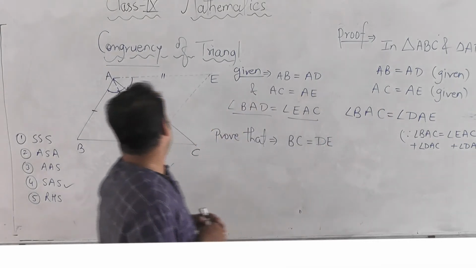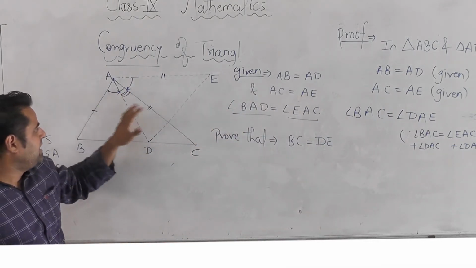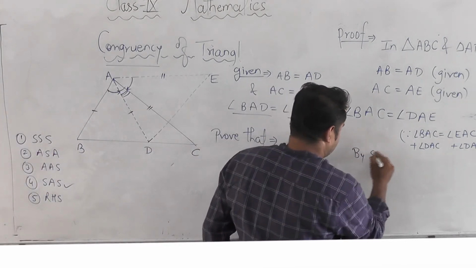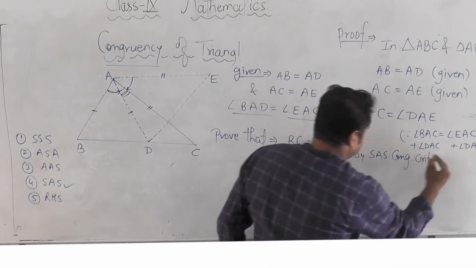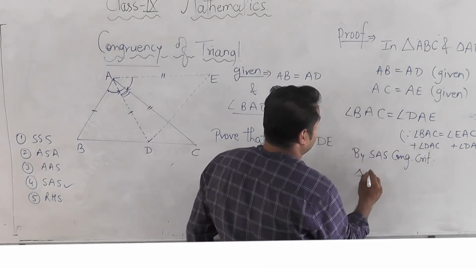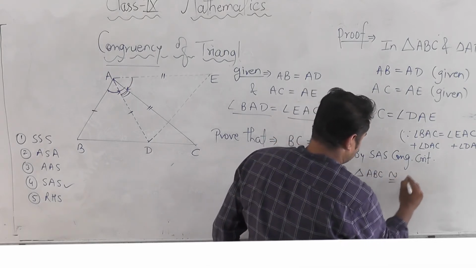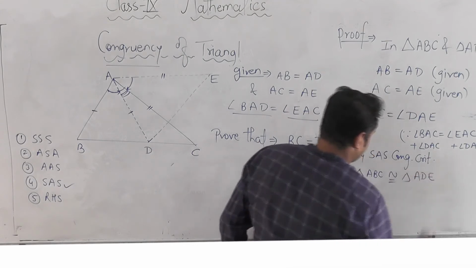Now as you can see, this also denotes side, angle and side. So again by the side angle side congruency criteria, these both triangles are congruent. This triangle ABC is congruent to triangle ADE.